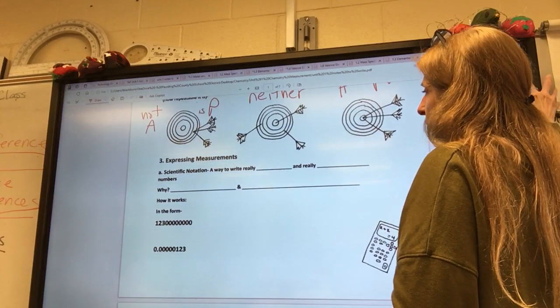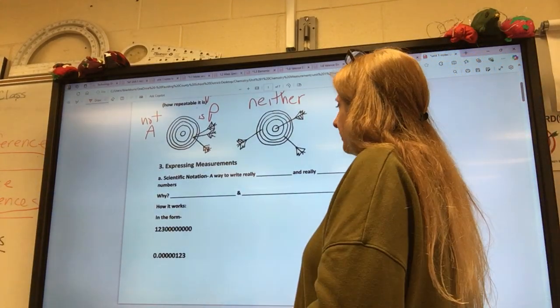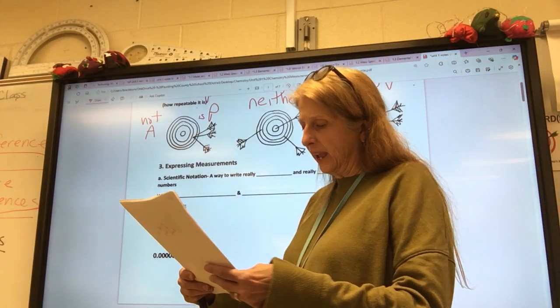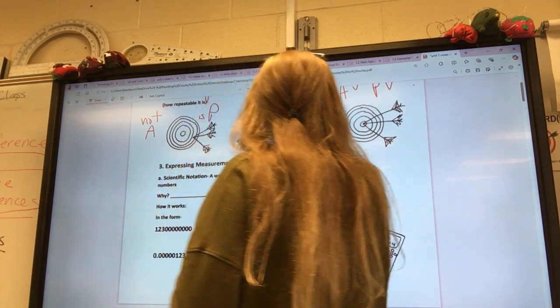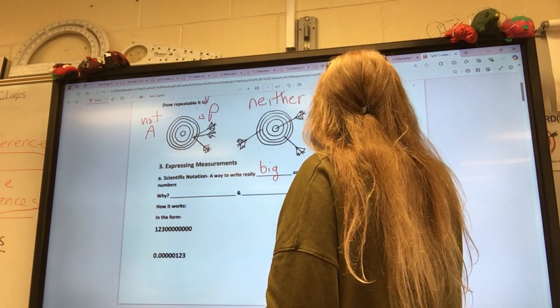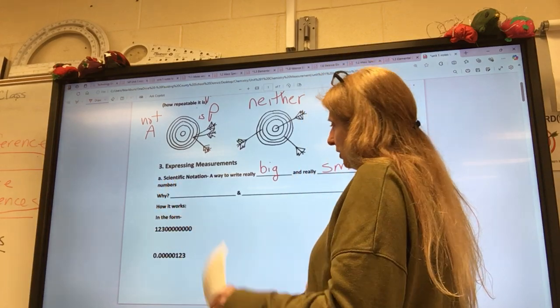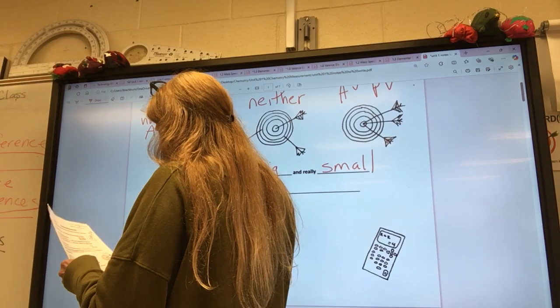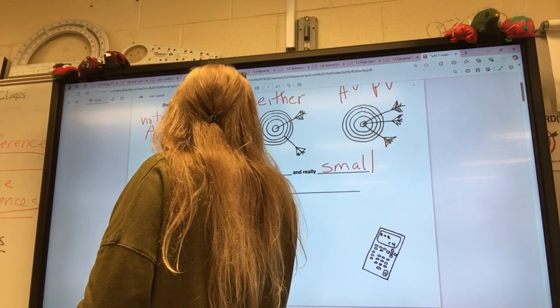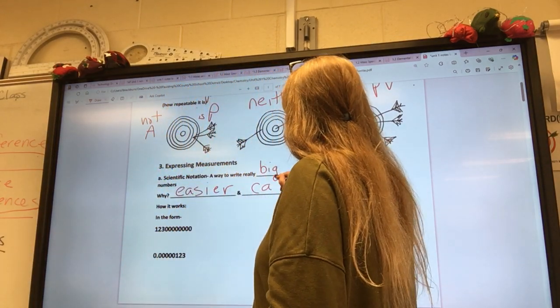Okay, expressing measurements. So scientific notation is a way to write really big and really small numbers. Now, why do we want to do this? One, it's easier not to have to write lots and lots of zeros. And also because of our calculators.